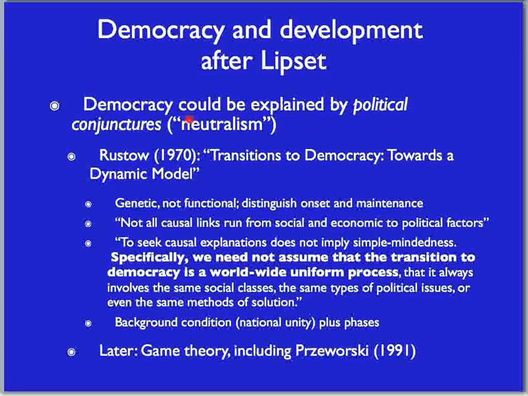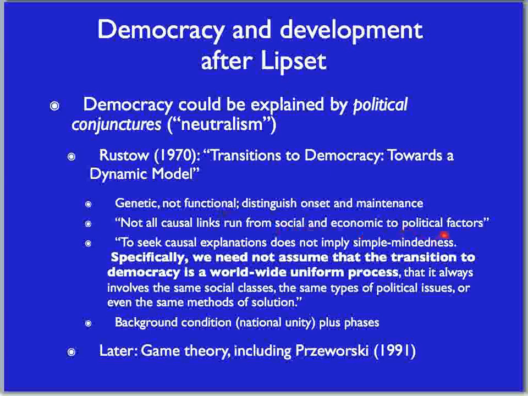And this point of view was very influentially articulated by a man named Dankwart Rustow in 1970. And he said that what one needs is an argument that is genetic, which means it should explain causes specifically, not functional, which is to say it shouldn't just say democracy is a function of development. It's just not the case, Rustow argued, that social and economic factors always determine political ones.